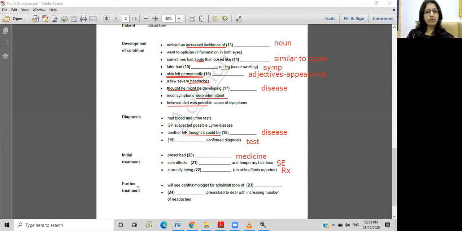And now again for the treatment, we'll see ophthalmologist for administration of what? So here what do you predict? Ophthalmologist and administration of, what do we administer usually? Yeah, it could be some sort of ointment or drops.